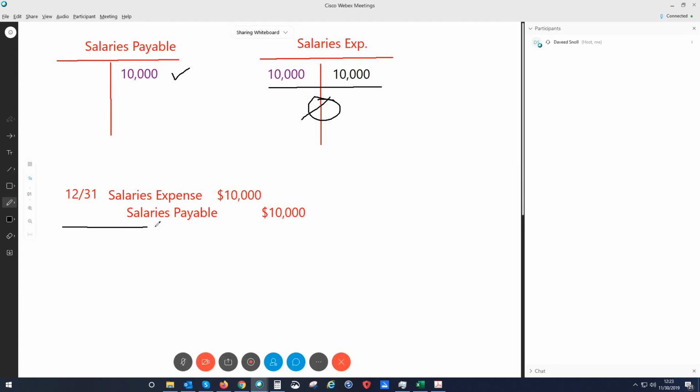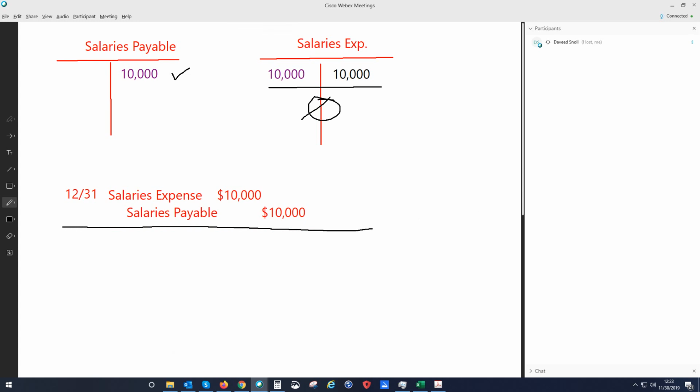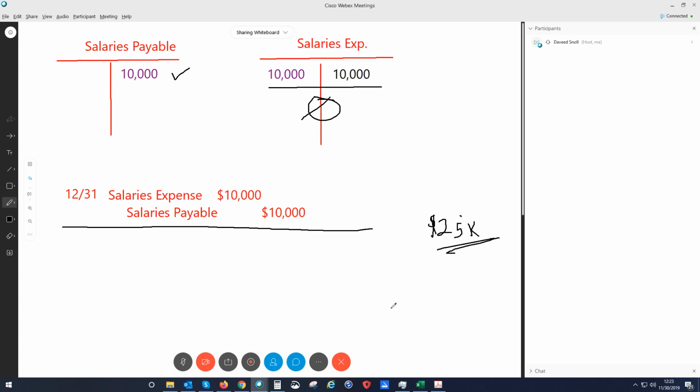Now, here's why we generally need to do a reversing entry. Our payroll clerk at the end of that week on Friday has $25,000 worth of payroll that she does, right? $5,000 a day. Now, the payroll clerk, not completely understanding accounting and adjusting entries and all that kind of good stuff, does what she always does, and that is she would then create the journal entry.